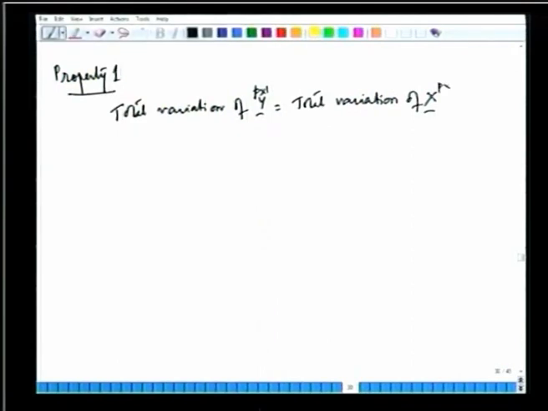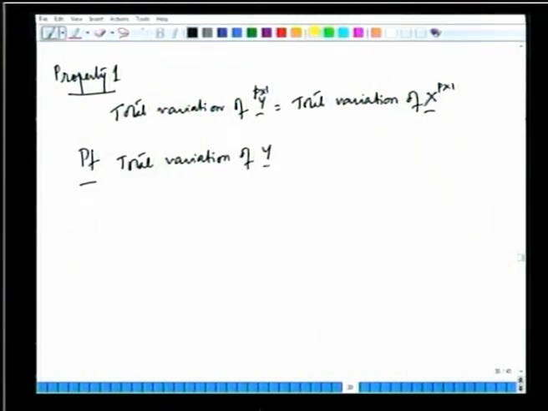We have considered as many principal components as there are original variables, and we have also defined total variation as the sum of the diagonal elements of the corresponding variance covariance matrix. So, let us say that I have total variation of y.